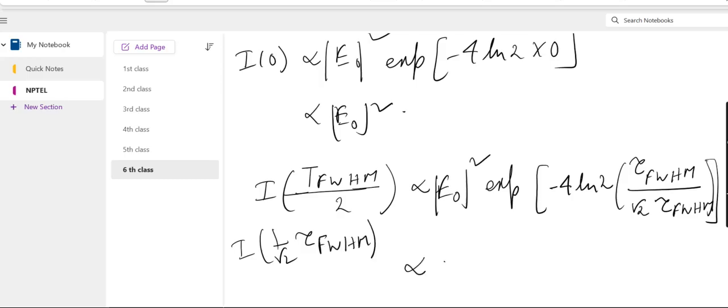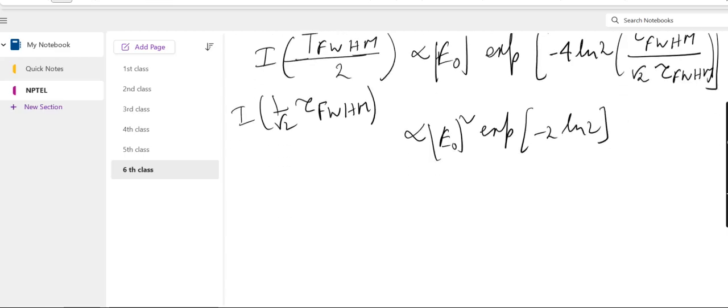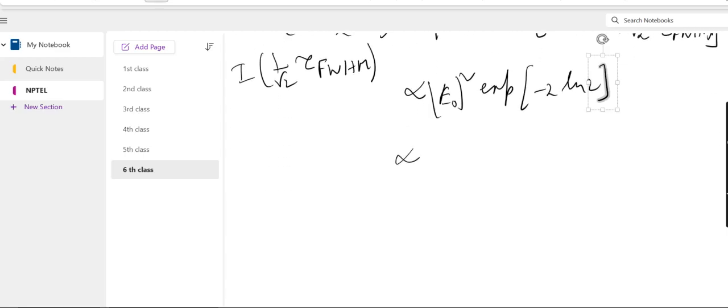So this would be E naught whole square exponential minus 2 ln 2, that is E naught square into 0.25.